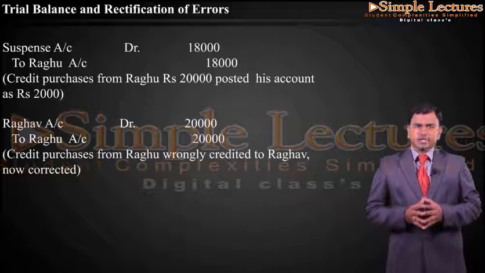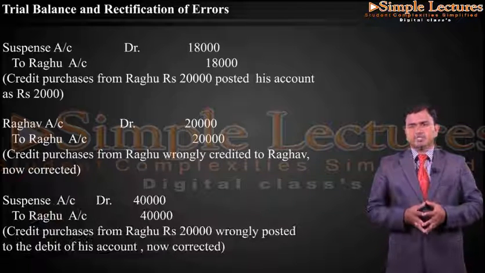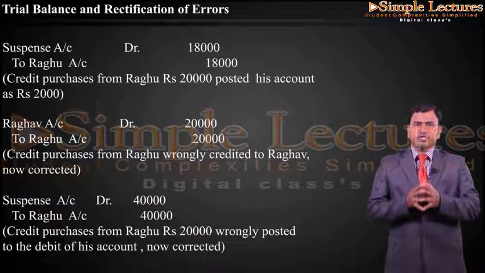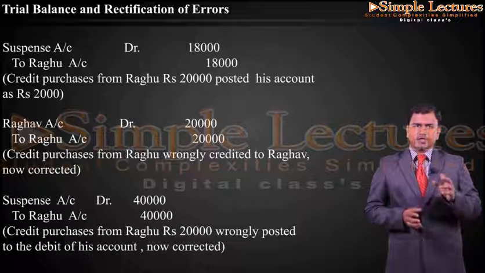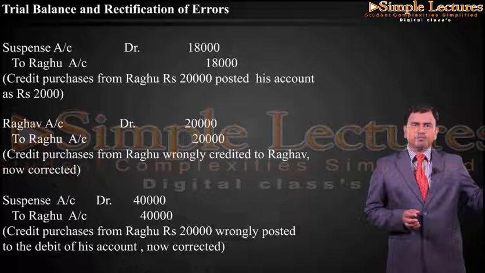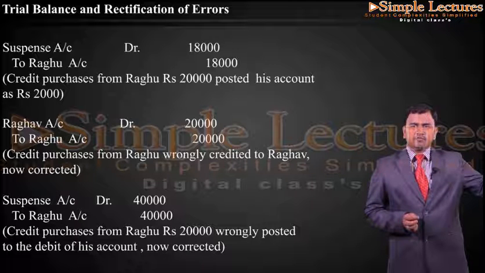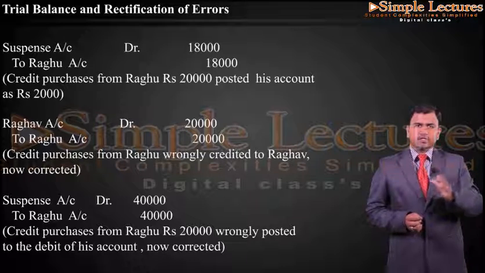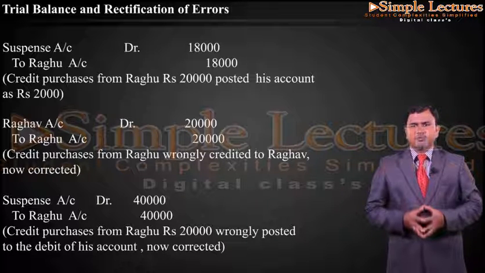And coming to the next case, we have where credit purchases of Raghu 20,000 were wrongly debited to his account. So when it is wrongly debited here and it should be credited now, the entry will be suspense account debtor 40,000 to Raghu's account 40,000. So here 20,000 was wrongly debited to his account.